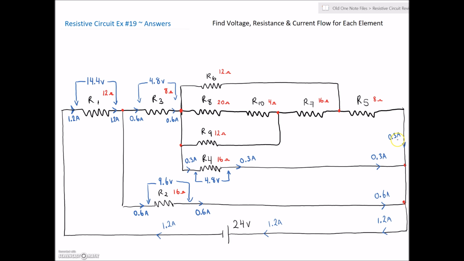But this is awesome because now we know that the current here is 0.3, and that means that the current flowing through R5 is going to be 0.3 amps. Beauty. So now we got 0.3 amps. We're going to multiply that by the 8 ohms, and across this guy we got 2.4 volts. So hopefully that slowly helps us in determining maybe another voltage in the circuit there.